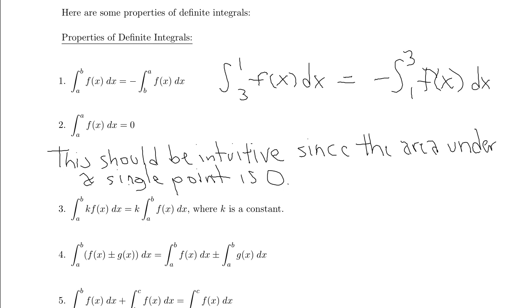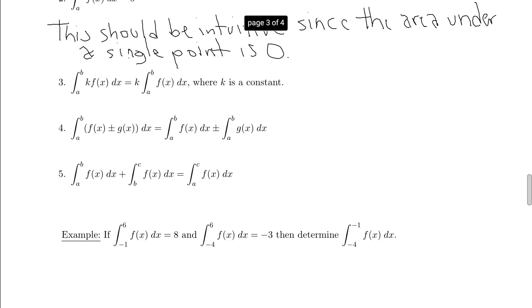Okay, third property. So this one is very similar to, same as derivatives. When there's a constant involved there, you can just pull it out in front. So if you want to find the area between a and b of some function k times f of x, that's the same as finding the area between a and b of the function f of x and then multiplying it by k. So if you think about it, what happens when you multiply a constant in front of a function?